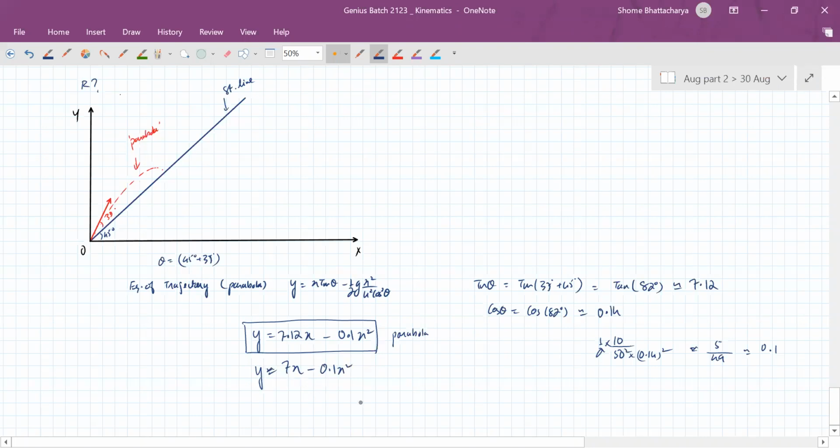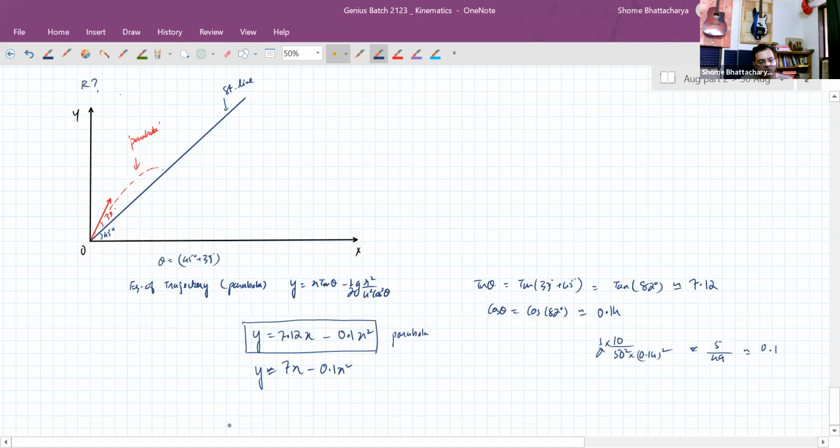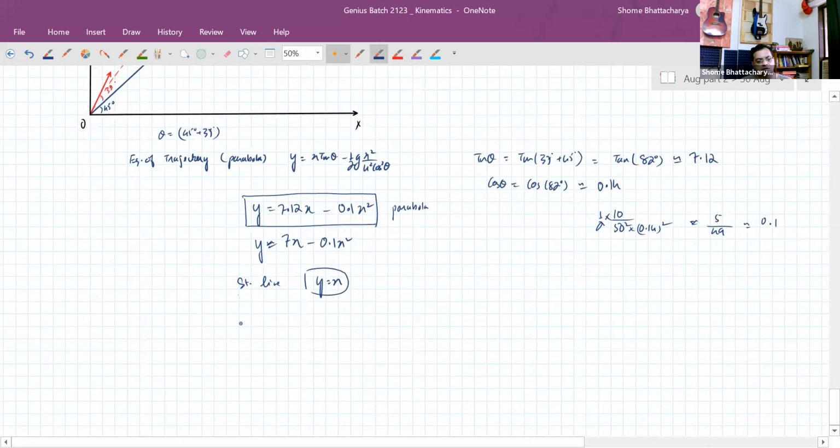Like this. Now, anyhow, the equation of the line, the straight line, is basically y is equal to x. So now this point where it goes and hits, let's say this point has coordinates a comma b. So at the point of impact, equation 1, this is equation 2, a comma b.